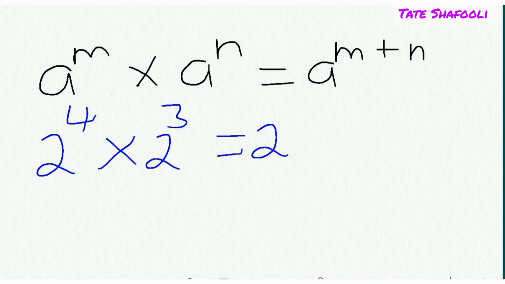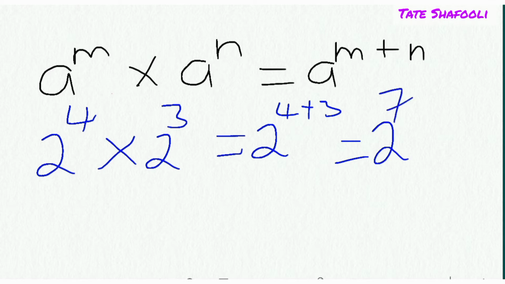So therefore I have just to write one base and then add the indices together. 4 plus 3, and it's going to be 2 to power 7. This 2 to power 7 is the same as 2 to power 4 times 2 cubed. The only difference is that this one is longer and this one is shorter.